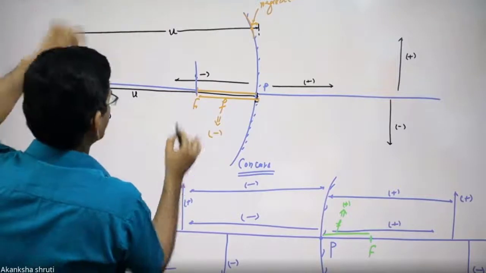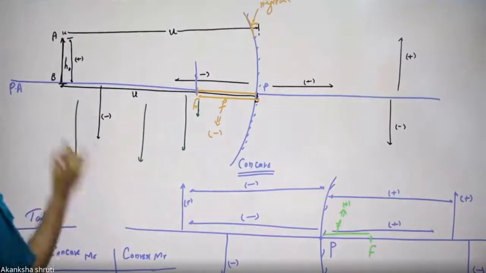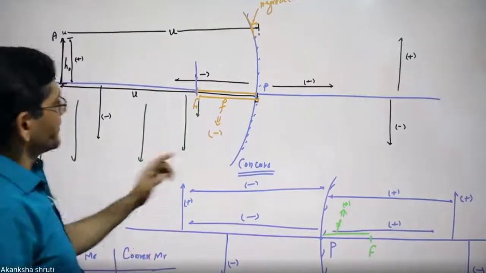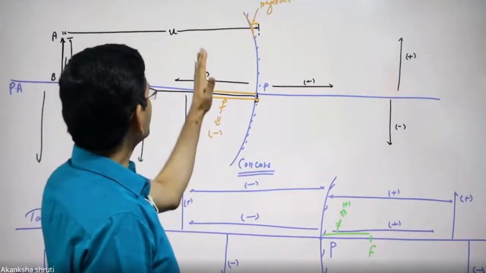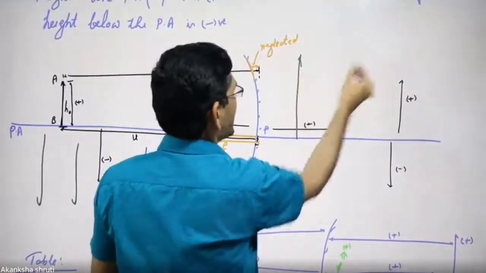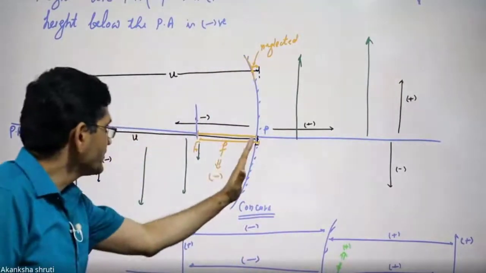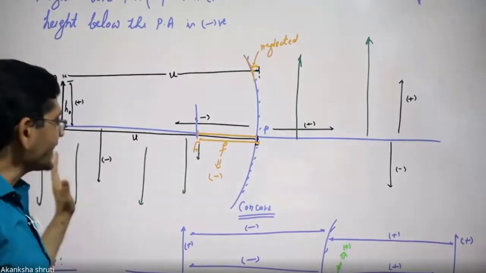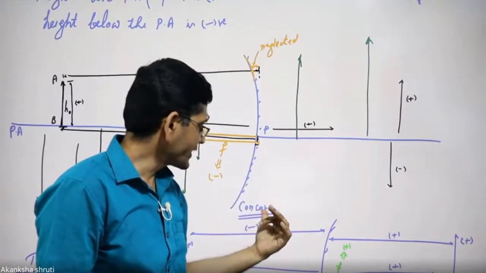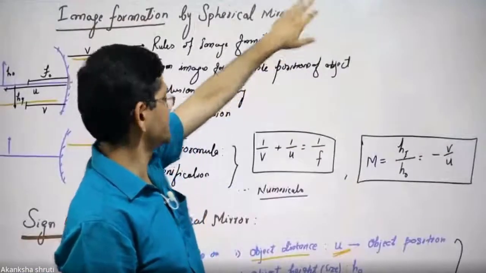The image can be even at the focus also for the object on left of the focus. But in this concave mirror, if the object is between the focus and pole, then the image is virtual and forms on the right hand side. Means what? The image position can be negative or can be positive for concave mirror. How, students? Last day I had already explained all these things in much detail.